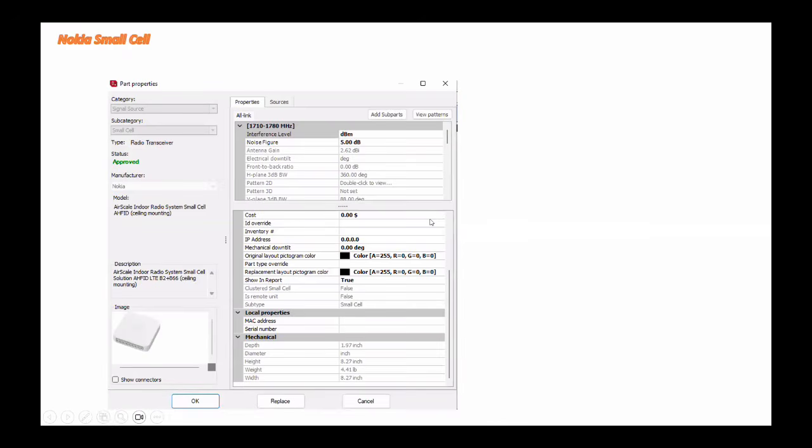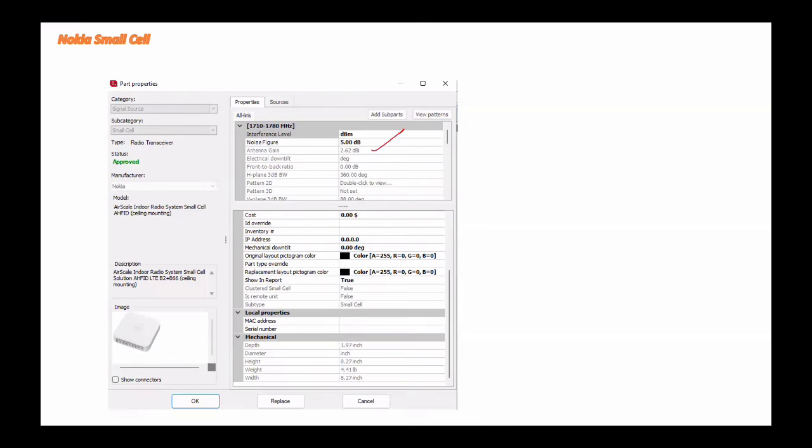Here, we can see the detailed properties of the Nokia AHFID small cells. In this particular figure, you can see that we have LTE band 2 and band 66. The antenna has approximately 2.62 dBi gain. Because it is ceiling mounted, the objective is to distribute RF coverage around the radio across the indoor environment.